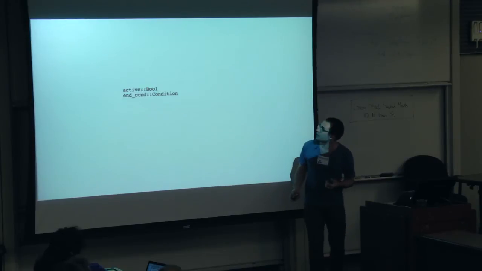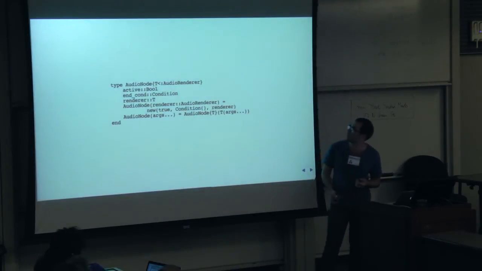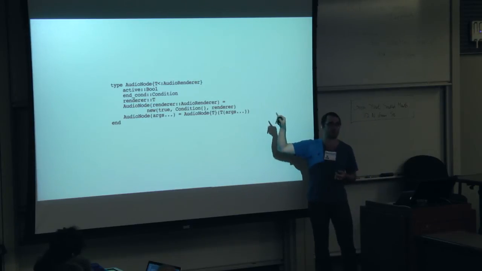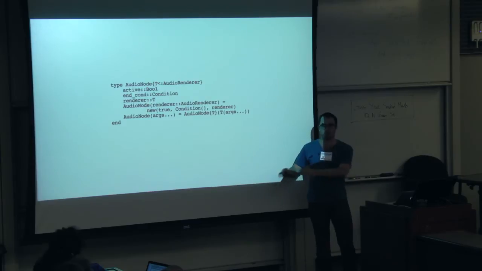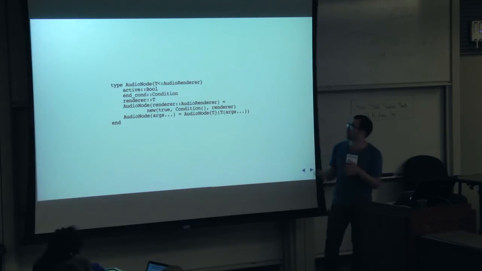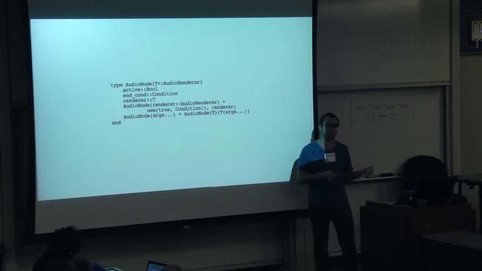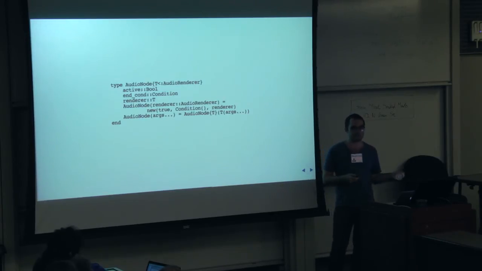T here is a subtype of audio renderer, and so all the specialized functionality can get pushed into that, and I can use parametric typing instead of needing to put fields in abstract types. This was my answer to why I don't need fields in abstract types.